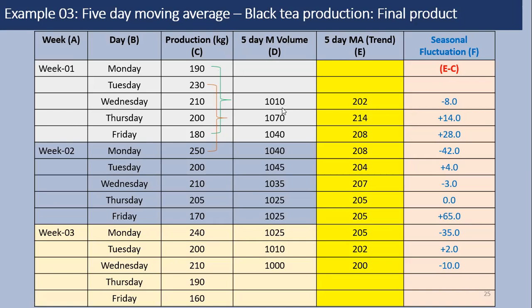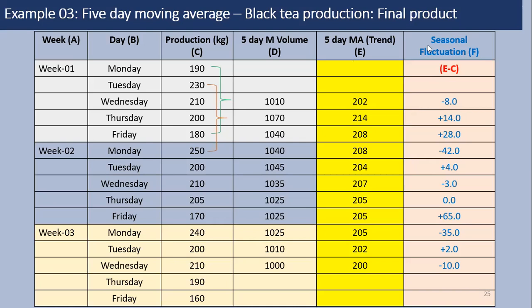To get the moving average, we divide by 5. Then the value is 202. Then for the next 5 days, starting from Tuesday, you can see the brown color. The total is 1070. Divide by 5, and you get the 5-day moving average. Likewise, you can calculate the moving average from here to here.